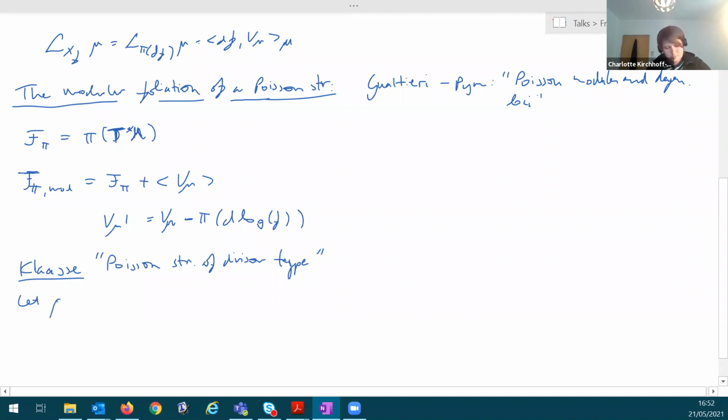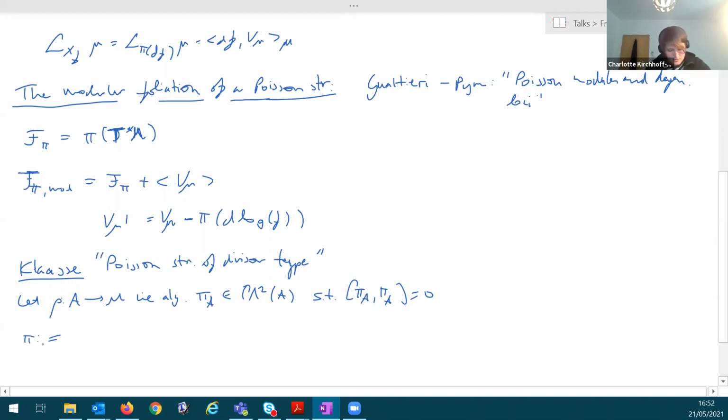So let's assume we have a Lie algebroid and a Poisson structure on the Lie algebroid, so a section of the alternating square of A, which is Poisson in this sense.